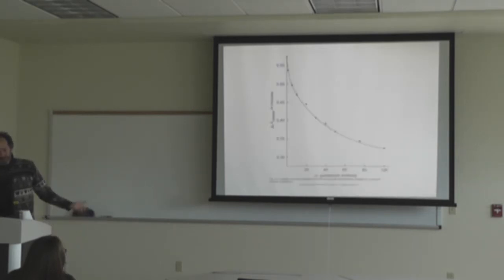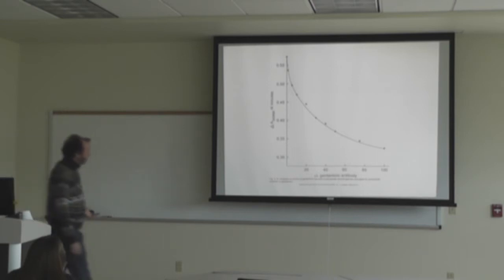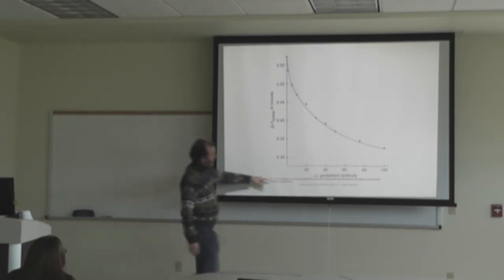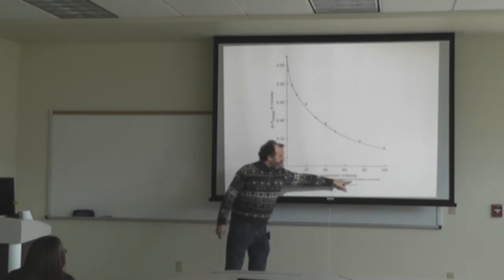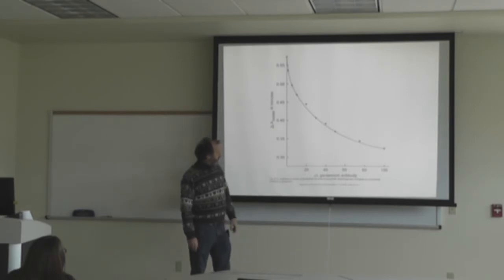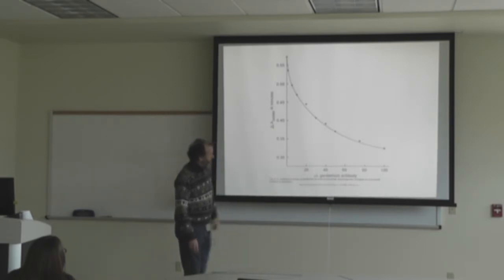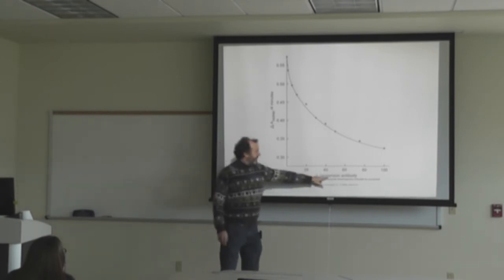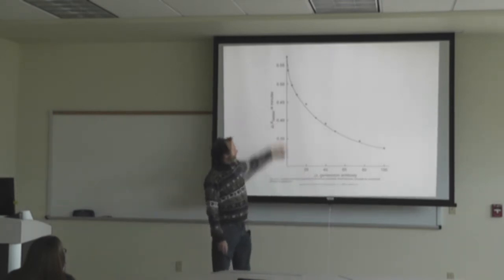And this is an example of data from one of those. Inhibition of activity of gentamicin glucose 6-phosphate dehydrogenase conjugated to a monoclonal antibody to gentamicin. So as you increase the concentration of gentamicin antibody, it decreases the activity.